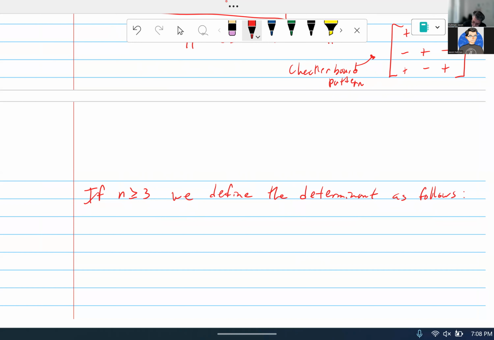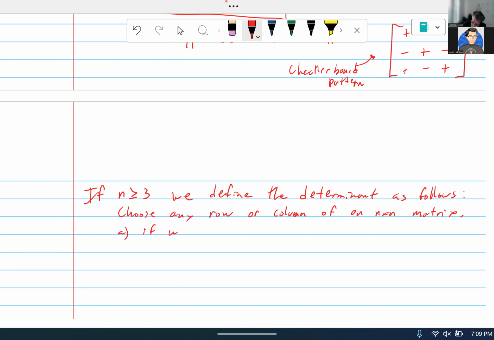Choose any row or column of an n by n matrix A.